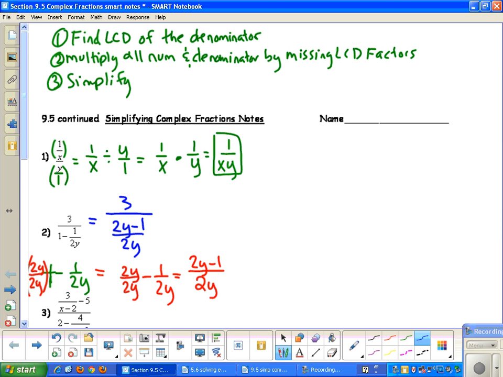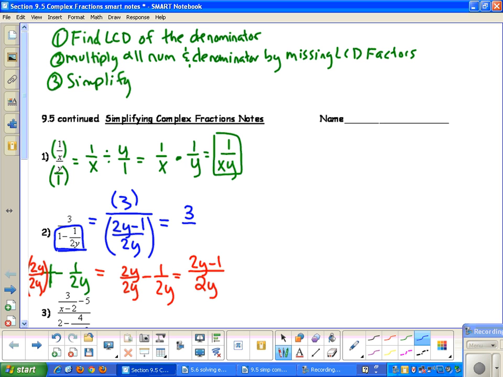Now notice that I have a fraction divided by a fraction, so I have 3 divided by all of this. When you have it written like that, then you can multiply by the reciprocal of the second term. But until you have it written like this, you cannot. So at the beginning stage right here, because I have this binomial and it's not one term, I cannot flip it yet. So now I can go ahead and flip.